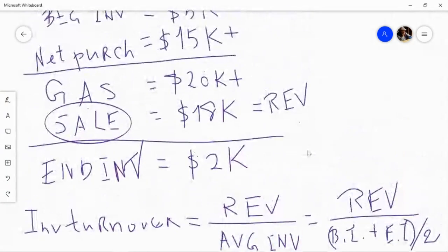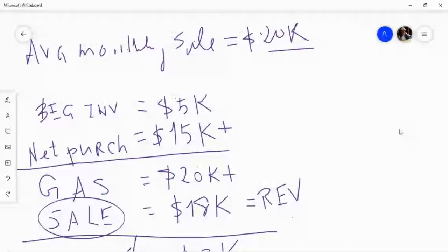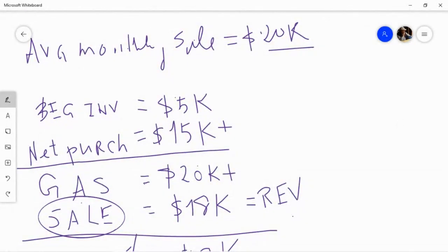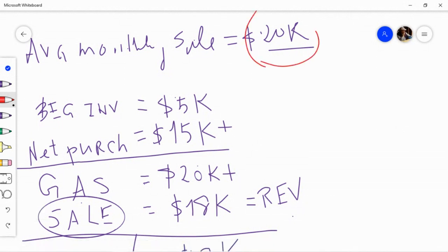During a regular month, as I said before, I want a nice circle if possible. During a regular month, this is your average sale, right?